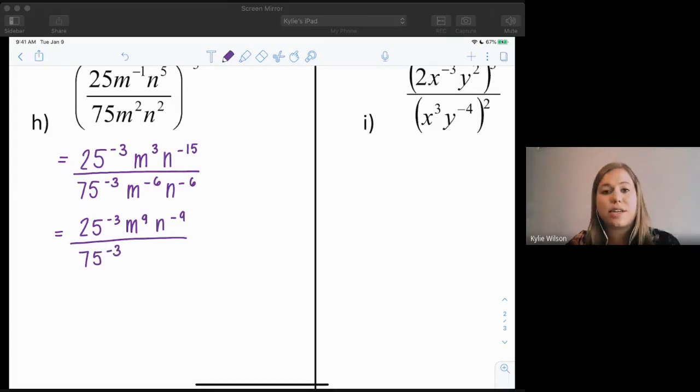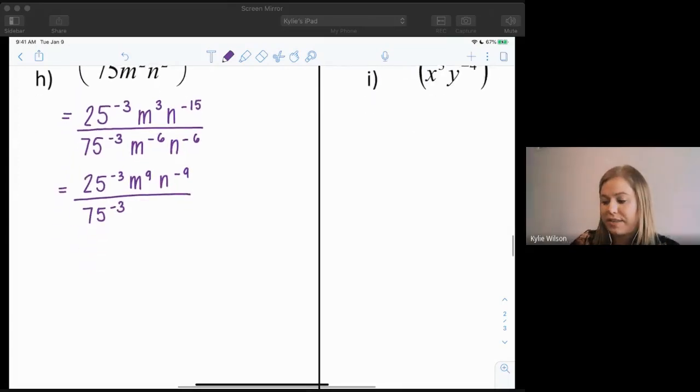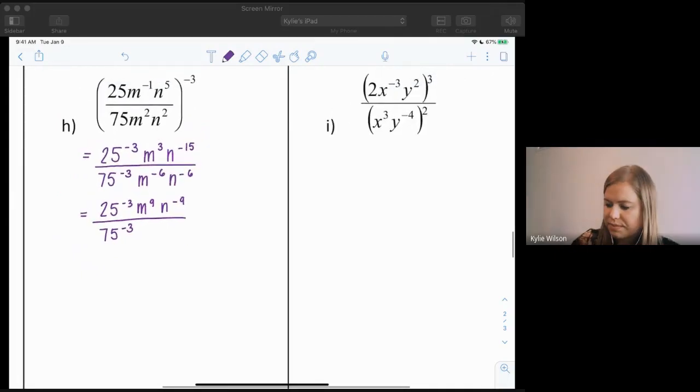Now let's start moving things around to have positive exponents. So my 25 needs to go into the denominator so that it has a positive exponent. And my 75 needs to go into the numerator so that it has a positive exponent. Now my m already has a positive exponent, so it can live where it already is.